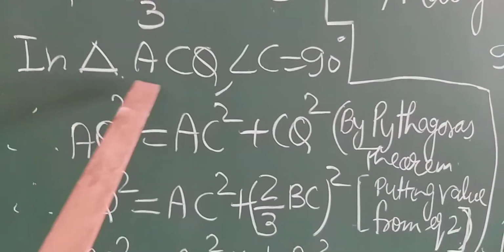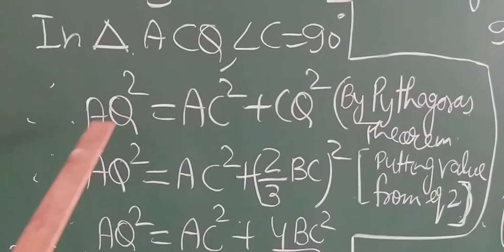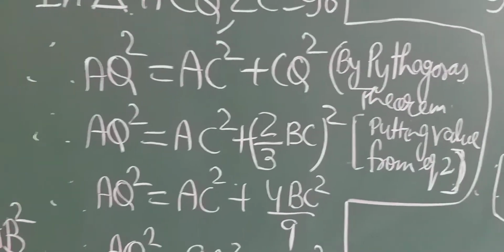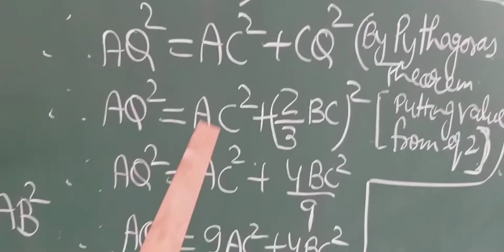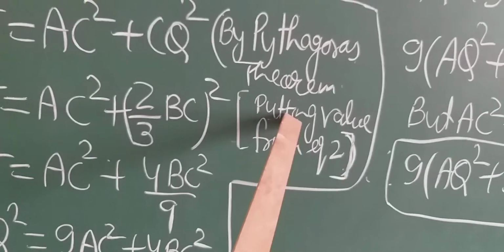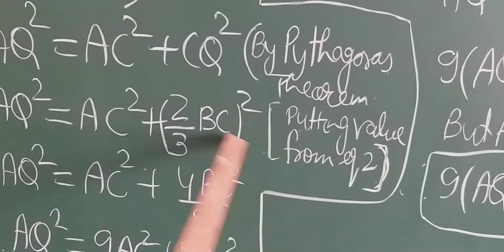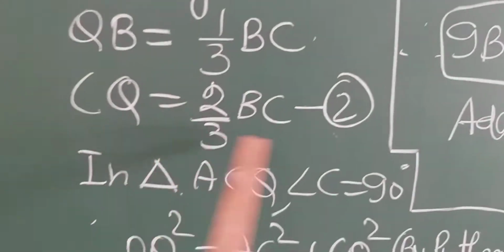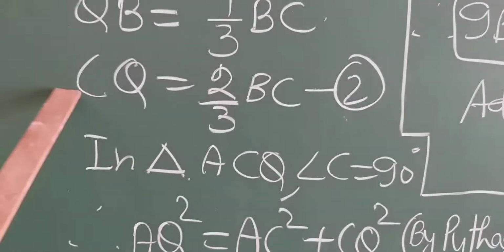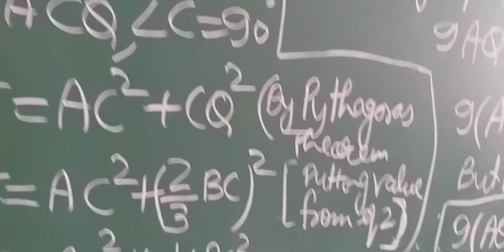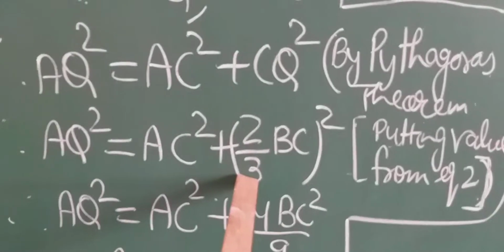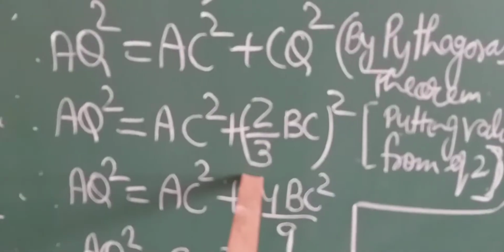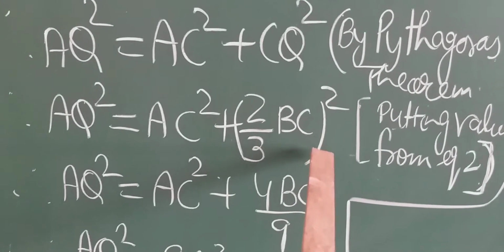Now putting the value of CQ from equation 2, at the place of CQ we write 2 upon 3 BC. Then AQ square equals AC square plus (2 upon 3 BC) square.